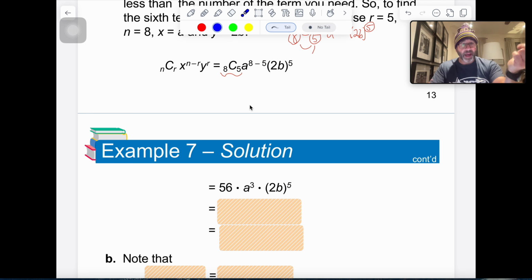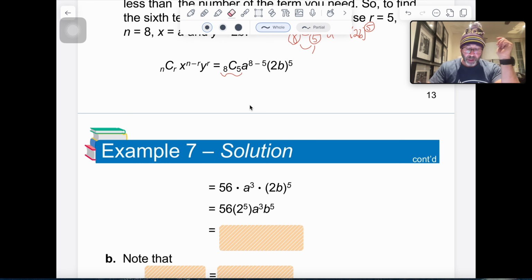Now again, one of our patterns we should recognize is that this will always add up to the power of our binomial, which is 8, so 3 plus 5 is 8. We have to take this 2 and expand it. Now 2 to the 5th power, hopefully you know, is 32. So what's going to happen is we're going to have 56 times 32, which will give us 1,792 a cubed b to the fifth. That's it.